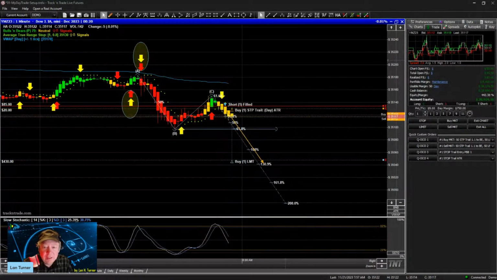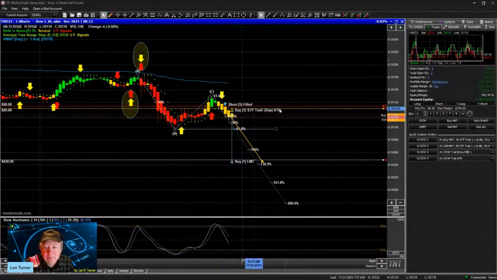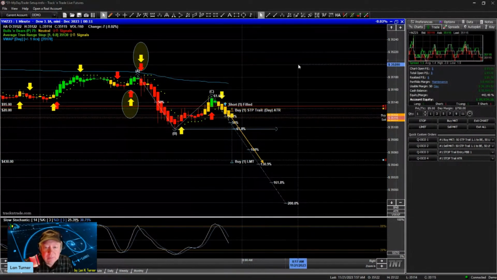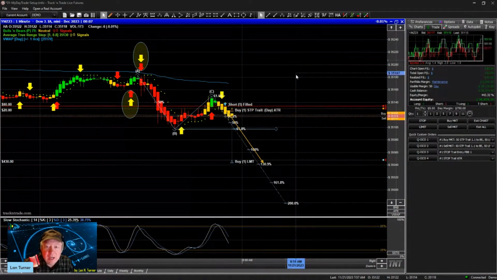Let's just see if this market doesn't want to drop. Okay, our stop's been pulled into profitable territory. Now, at this point, if we wanted to, if we're like, well, you know what, I think this market's got a lot of downside potential, don't be so aggressive with your stop.